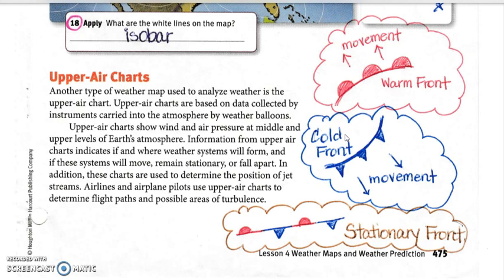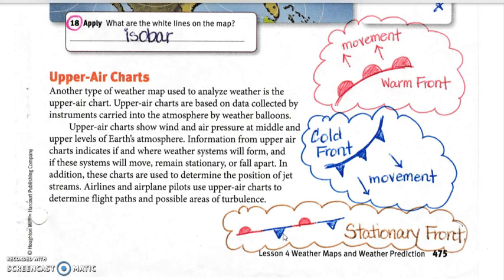Okay? That's all it is. It's just a boundary line between two different masses of air. You have maybe some colder air on one side and some warmer air on the other side of that boundary. If it's the cold air that's doing the moving in, well, then it's a cold front. And if it's the warm air that's doing the moving, then it's a warm front. Well, what if you have a boundary line and neither air mass is moving? Well, then you have a stationary front, okay?